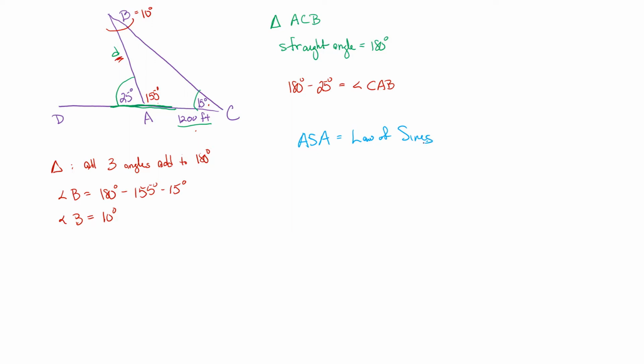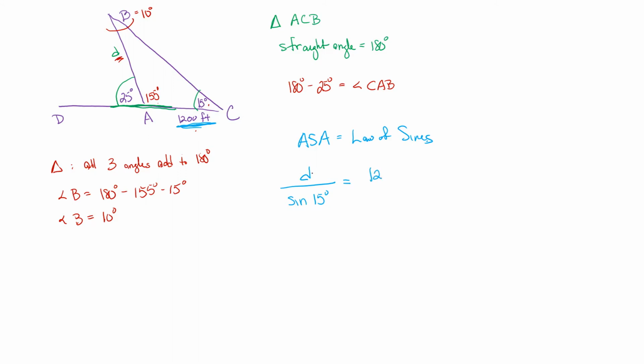I'm trying to find D. So to find D, I'm going to take that side and I'm going to put it over the angle opposite that side, which means it's going to be divided by the sine of 15 degrees. Do you agree? Good. And then I'm noticing that the only other measurement for a side is 1,200 feet.